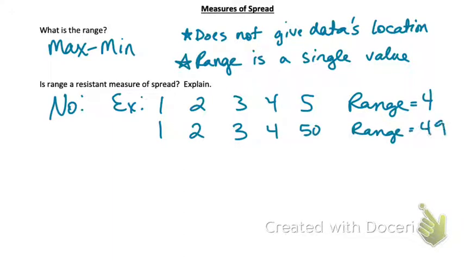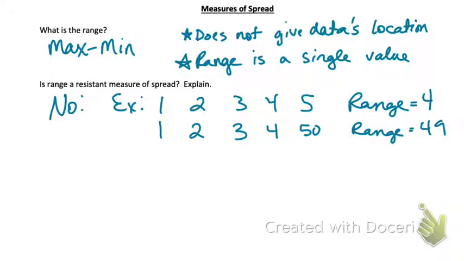Did the range change? It sure did. So therefore, it is not resistant to those changes. So the range is not resistant. Cool? Cool. What else is not resistant? Mean. Very good.